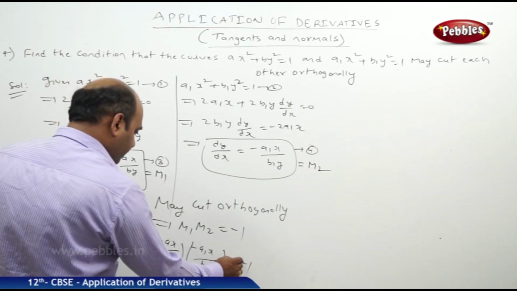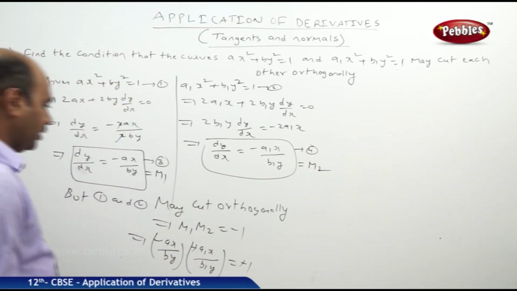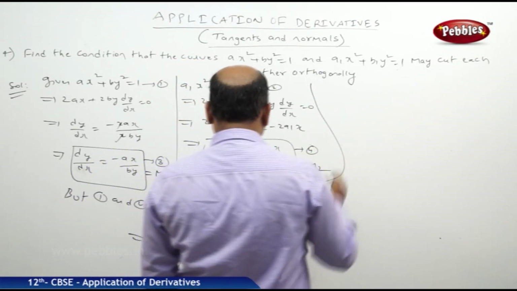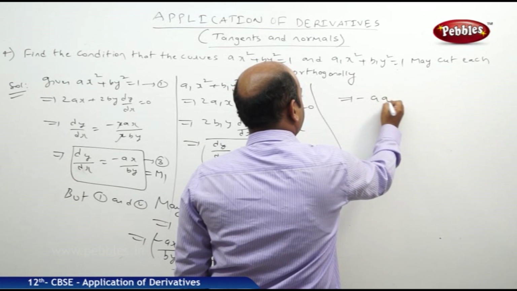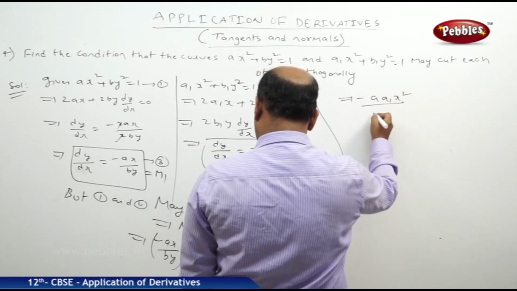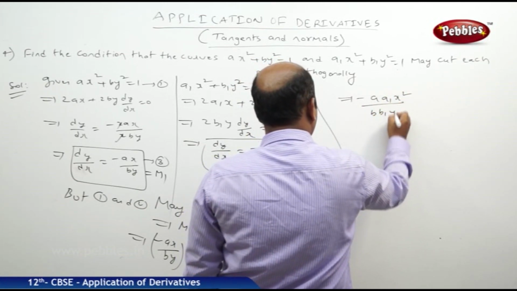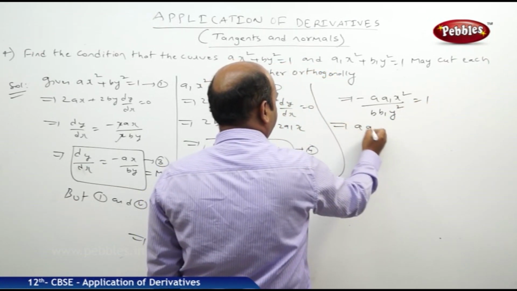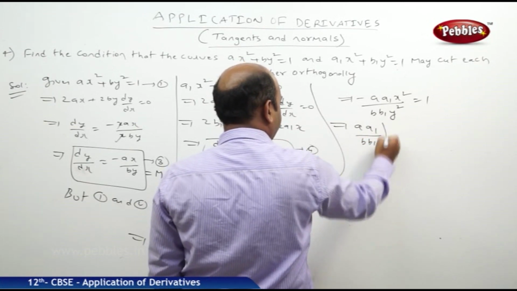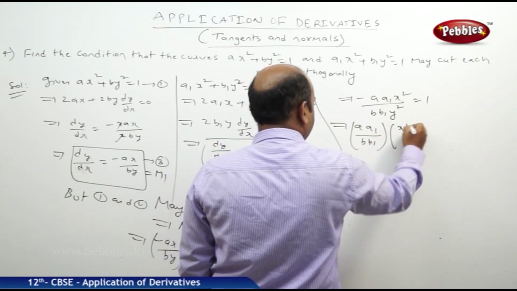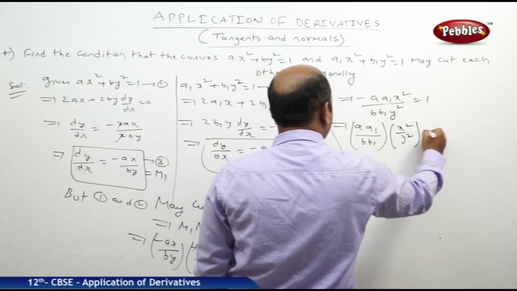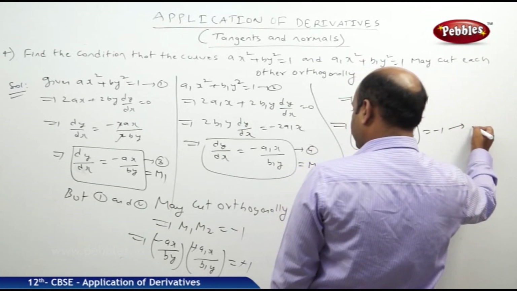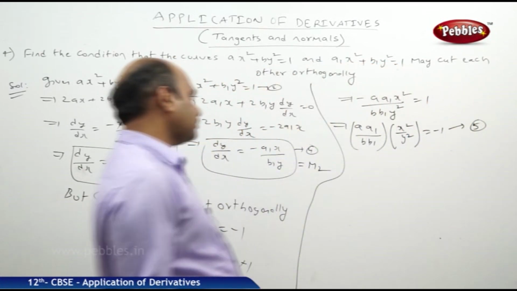So finally minus minus will be getting cancelled and only one minus remains. So that is equal to minus a1x square divided by b1y square is equal to 1. So rewriting neatly, a1 by b1 and here x square by y square equal to minus 1. I will call this number 5.